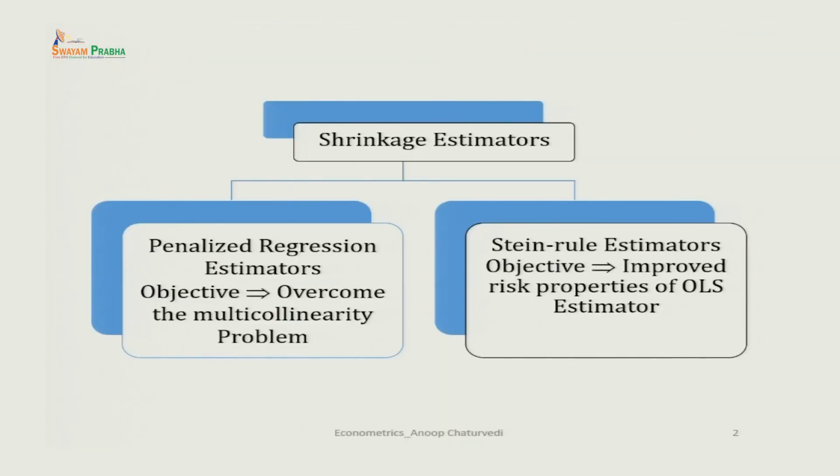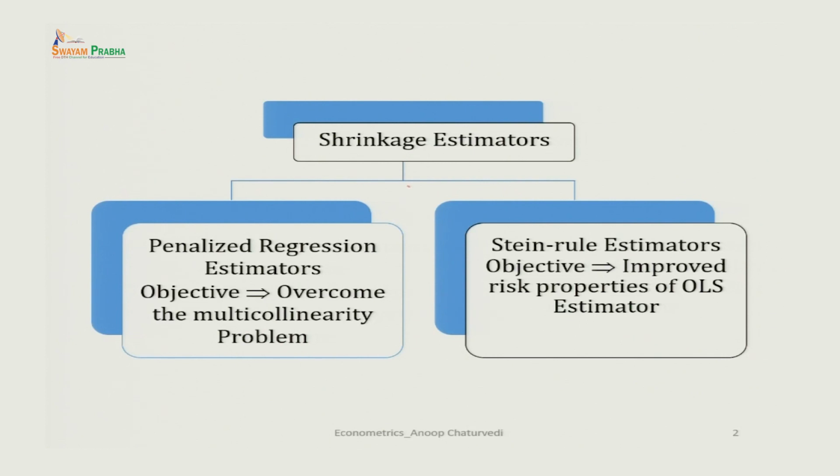So, mainly we are going to consider two types of shrinkage estimators. The first is penalized regression estimators, and for defining the penalized regression estimators, your main objective is to overcome the multicollinearity problem or overcome the sparsity problem.